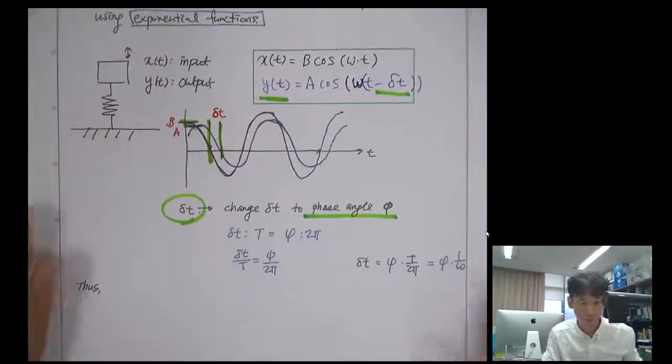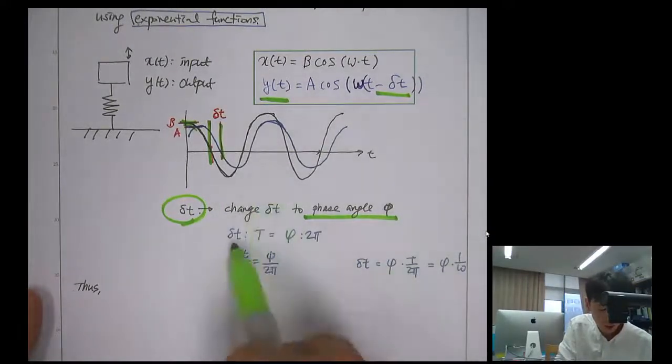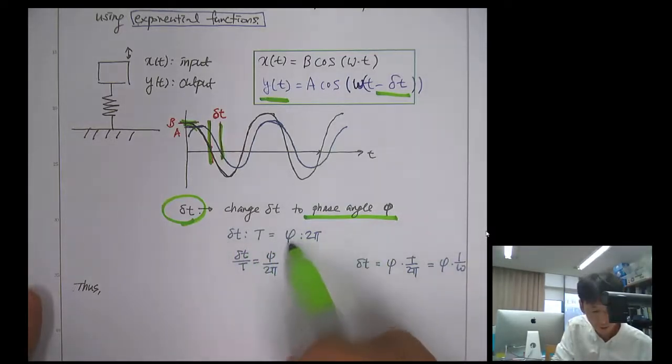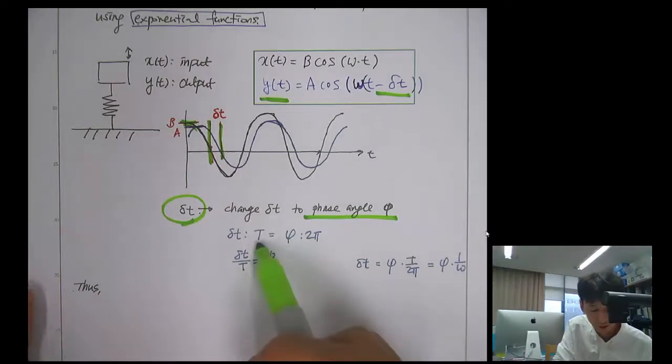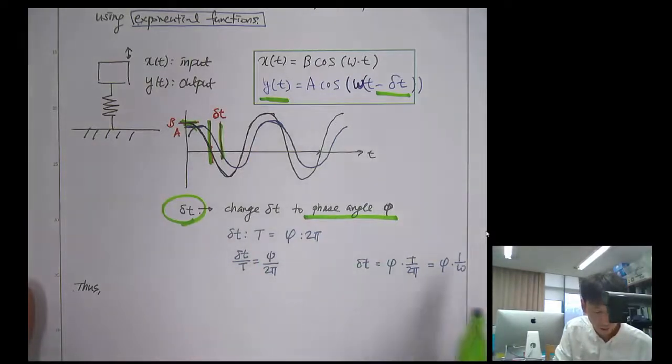The delta t can be expressed in terms of the phase angle phi. If the period is T, then delta t over T will be equal to phi, the phase angle, over 2 pi. So the period T corresponds to 2 pi in radians.